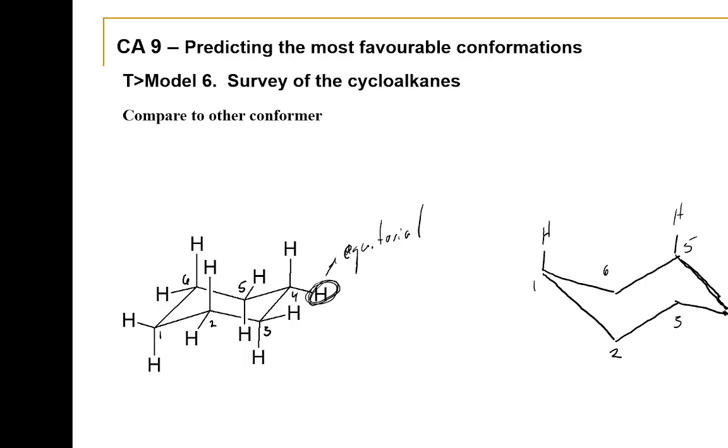Your axial hydrogens will be pointing up and down. I'm just going to move that number 4 away a little bit. So down like that. Didn't put my numbers in the right spot. So this is 4, this is 2. And then there's my other hydrogen.